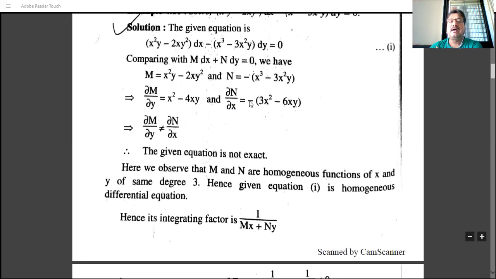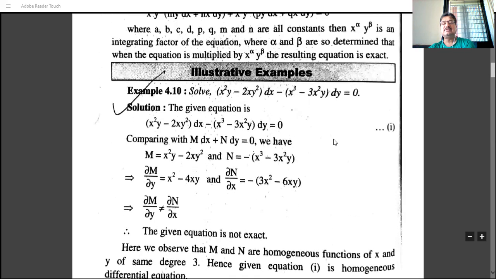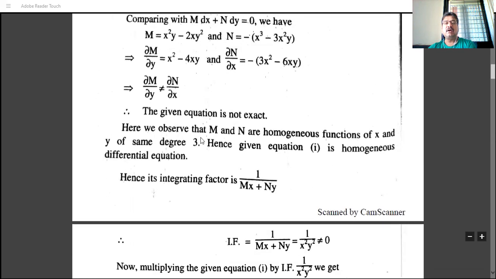And if we apply the negative sign on this, we have −3x² + 6xy. But these two are not equal. ∂m/∂y is not equal to ∂n/∂x, and therefore the given equation, equation number 1, is not an exact differential equation.